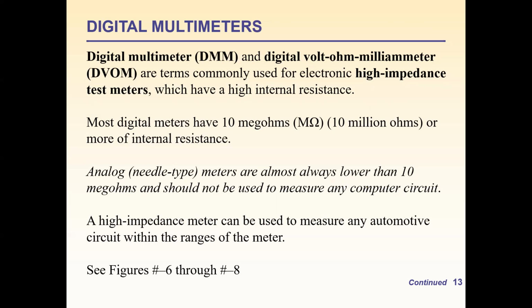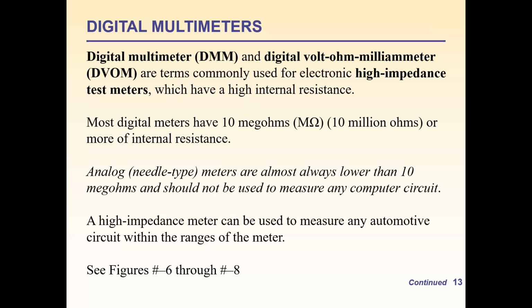Opposite to these digital multimeters, there are analog meters. These analog meters have an internal resistance less than 10 mega ohms, and that is why they cannot be used for measurement of electronic circuits or computer circuits. In our automobile circuits we are using scan tools and electronic circuits, so we have to use high impedance meters.